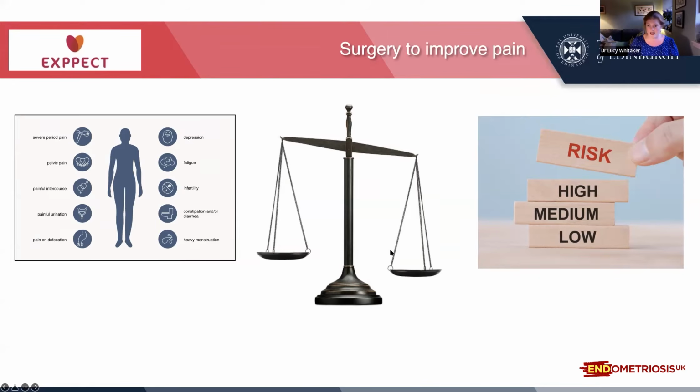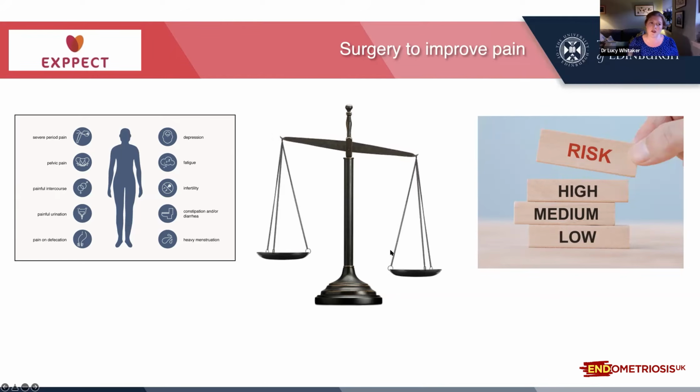That can introduce additional complexity to the operation itself, but also can make the anaesthetic more complicated. And there are other medical conditions that can also factor in what the risks are of anaesthetic. And finally, also what previous surgeries an individual's had. So if they've had lots of previous surgery in the past, and therefore there's a possibility of having developed scar tissue within the abdomen, that increases the risk.